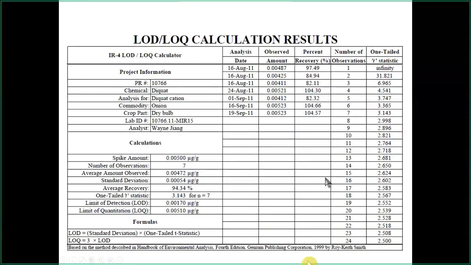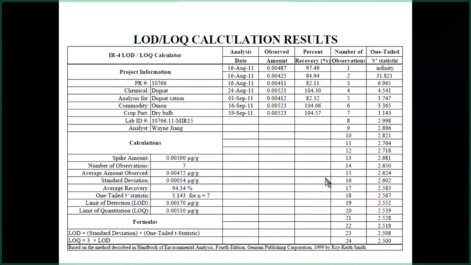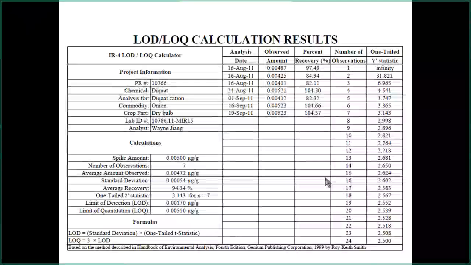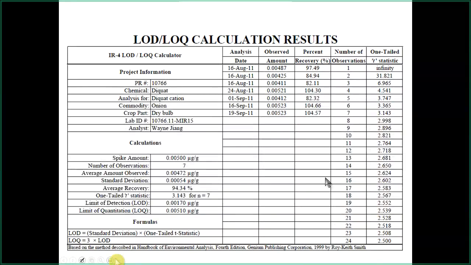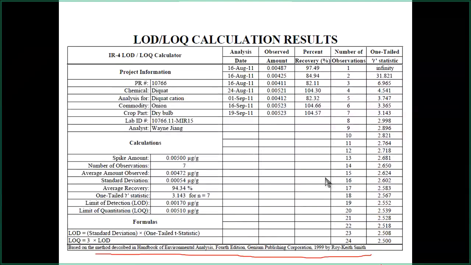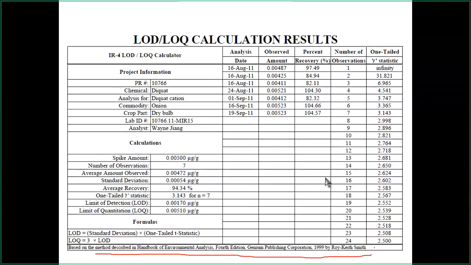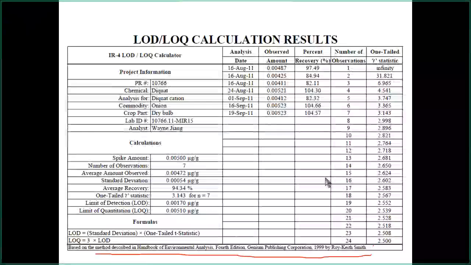This is based on this reference which we put down here. So you can find this book for the calculation. This is the Handbook of Environmental Analysis. You can use your own, but this is accepted by EPA, accepted almost everywhere.